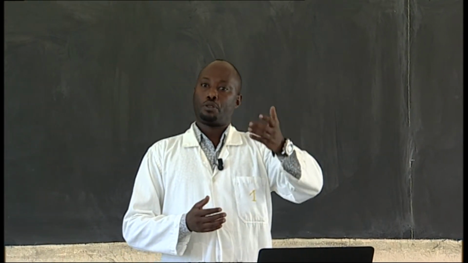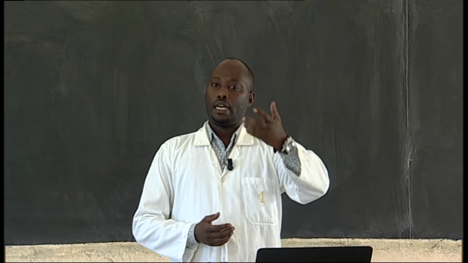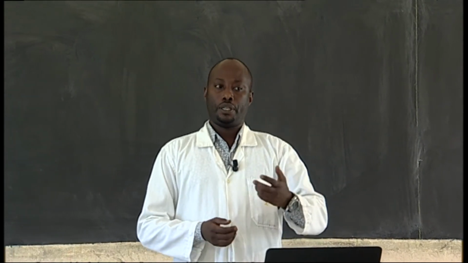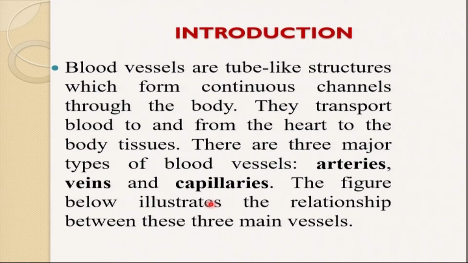As mentioned, these three types of vessels are arteries, veins, and capillaries, and they serve as a medium of transport. They transport oxygen, blood, and nutrients to different body cells, because the cells need all these substances if they are to survive.